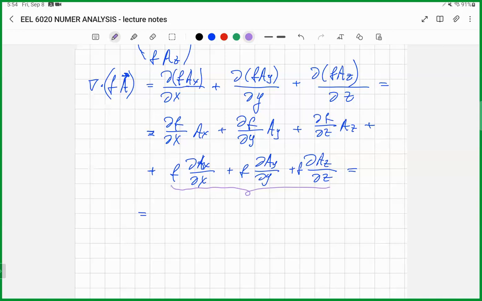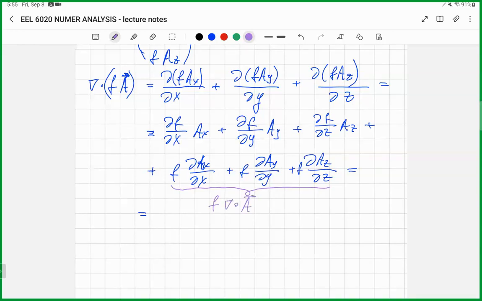It's equal to f times (dAx/dx + dAy/dy + dAz/dz), which is the divergence of vector A. So it's f times divergence A.